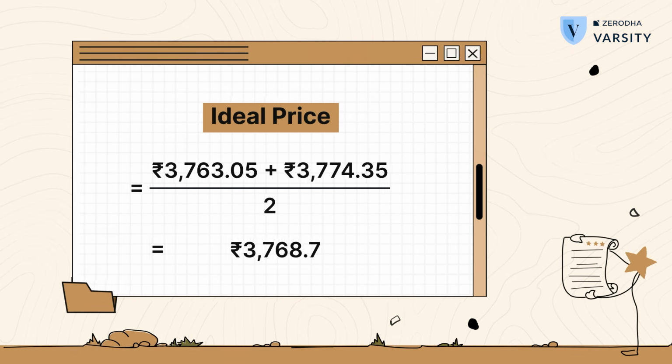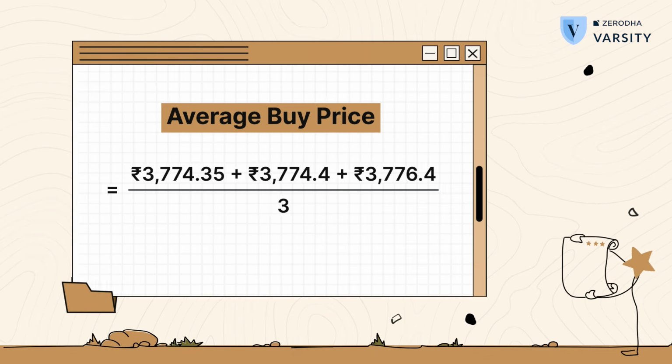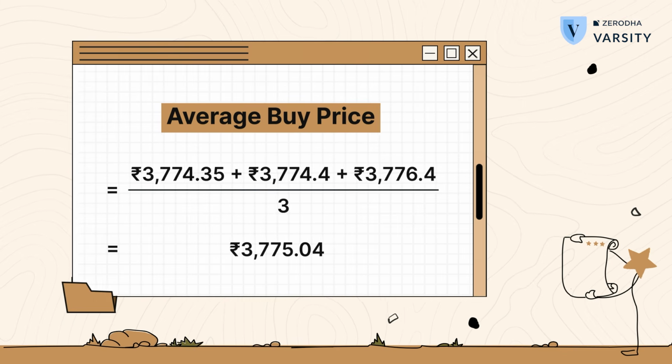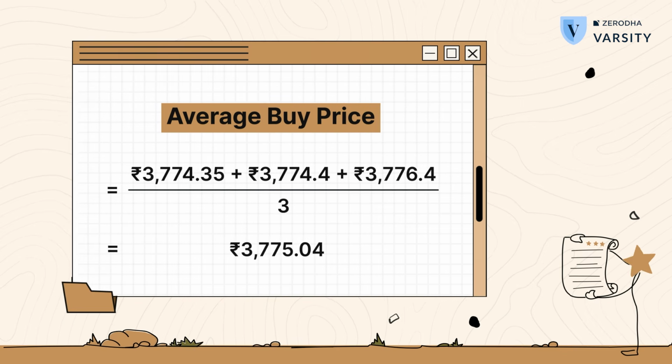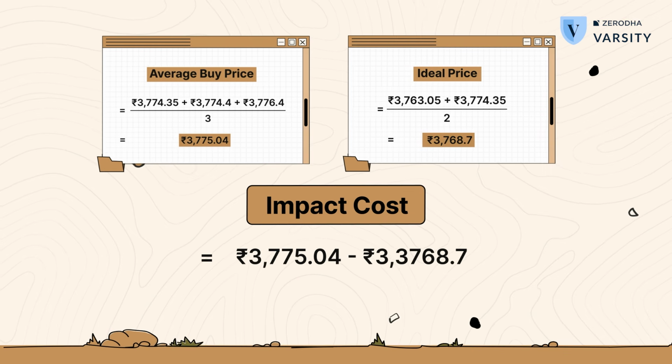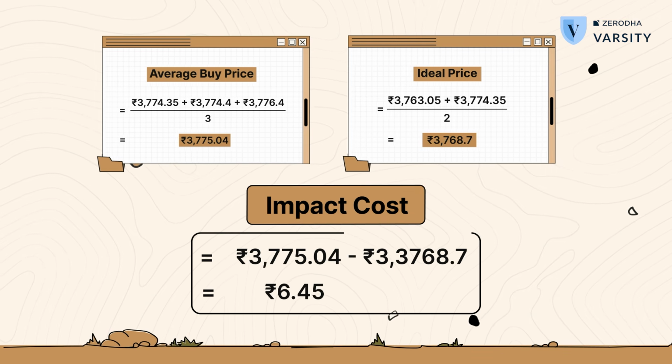Now, if I were to buy 3 lots of OFSS futures, then my execution price would work out to 3,775.04. The impact cost in this case, that is the difference between the execution price and the ideal price, works out to rupees 6.45 or about 0.17%.